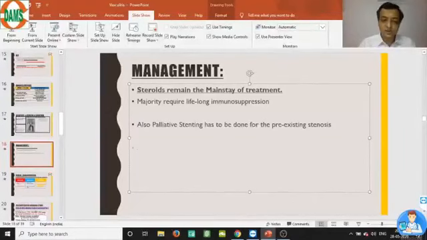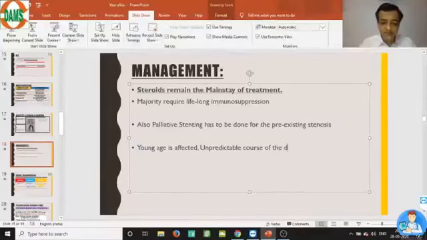And so, what are the problems? The patient's young age is affected. There is an unpredictable course of the disease. So the young female can develop stroke, can develop MI anytime.